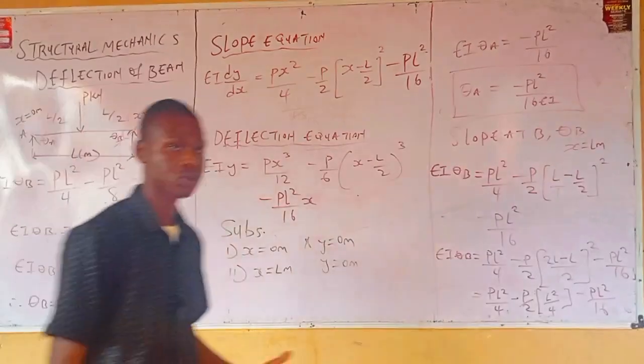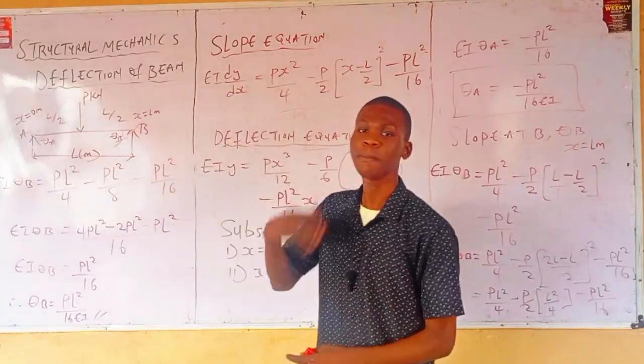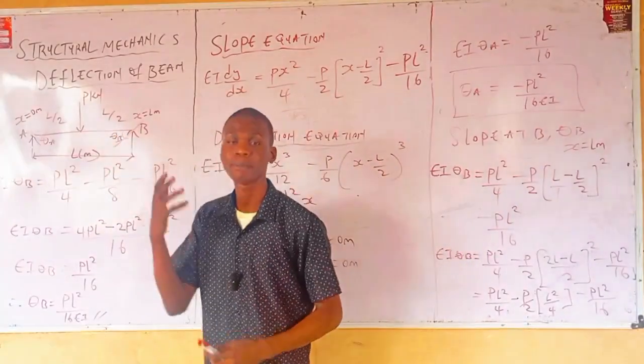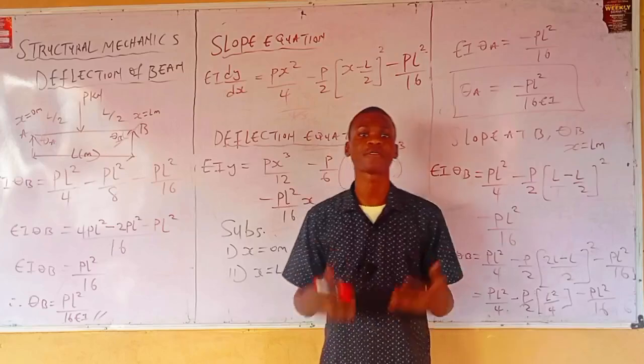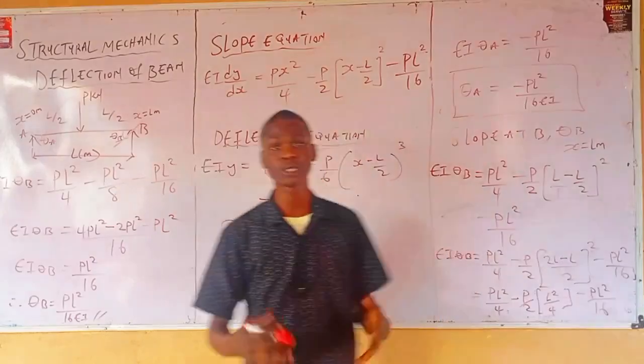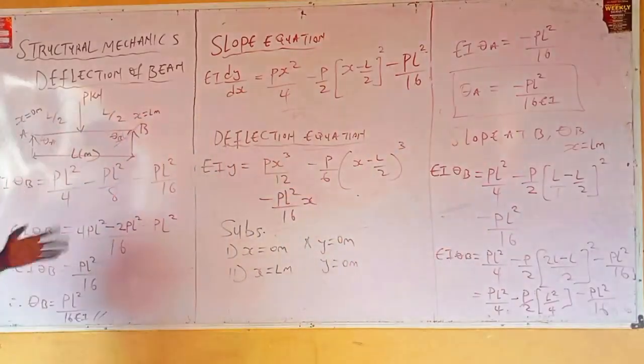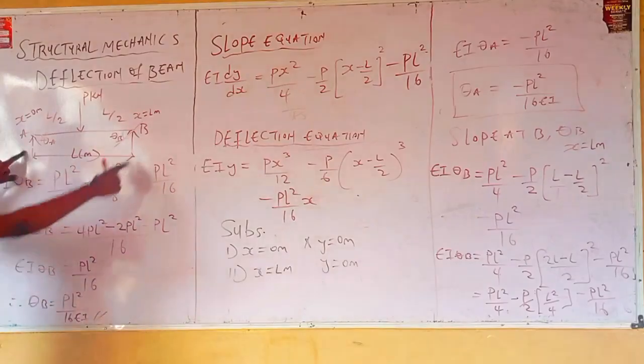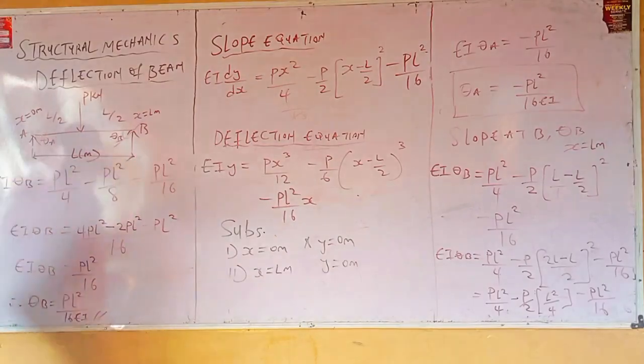Now, the last question says to find the maximum deflection for this beam. By maximum deflection, take note, for a simply supported beam, your maximum deflection will occur at the midpoint. Now, ask yourself, if from here to here is L meter, the midpoint becomes what?